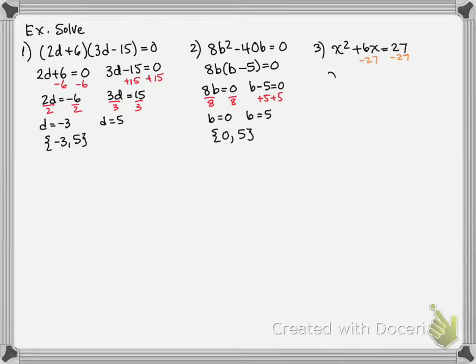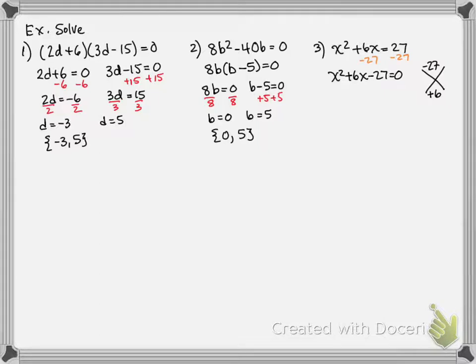Now I have the polynomial x squared plus 6x minus 27 equals 0. So to factor, I'm going to play the game. I'm going to think of factors of negative 27 with a sum of 6.